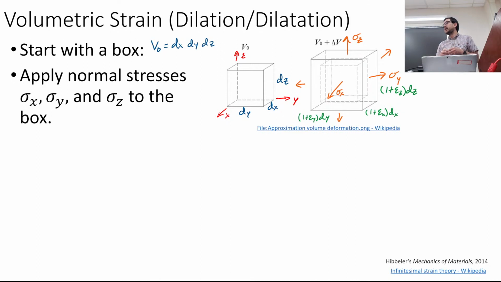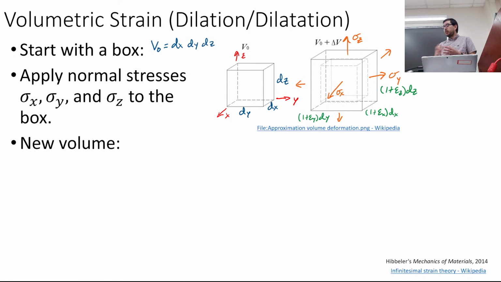We're talking less than 0.1%. So if we say 1 plus that amount of strain, and we multiply it by the original length, we can get the new length of that side of the box, right? And we can also look back at the original definitions of what strain is.